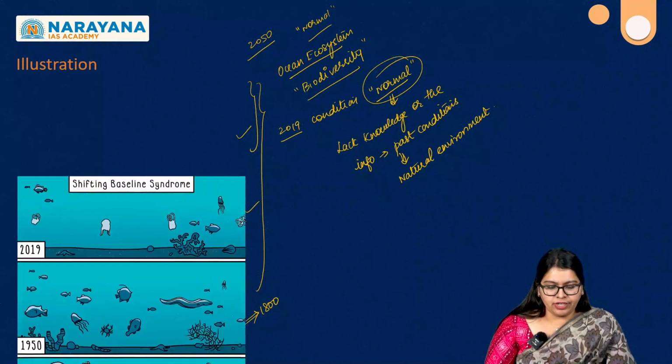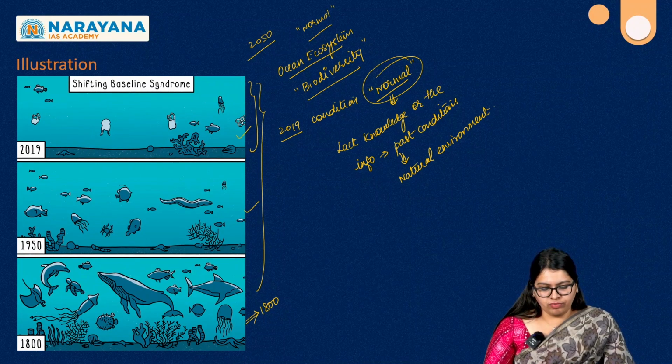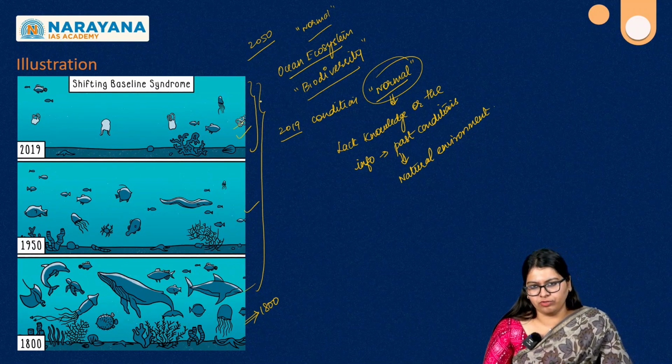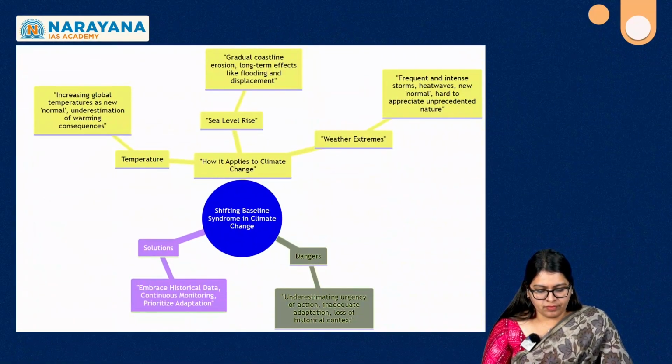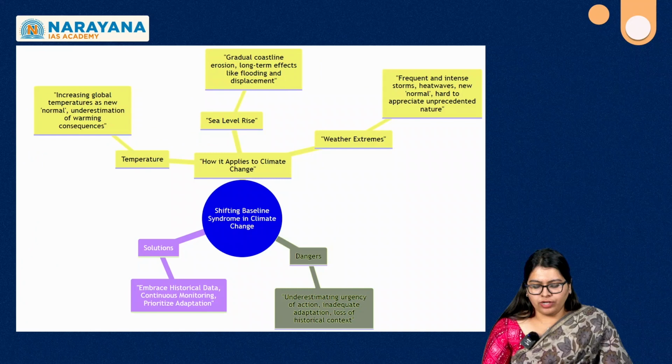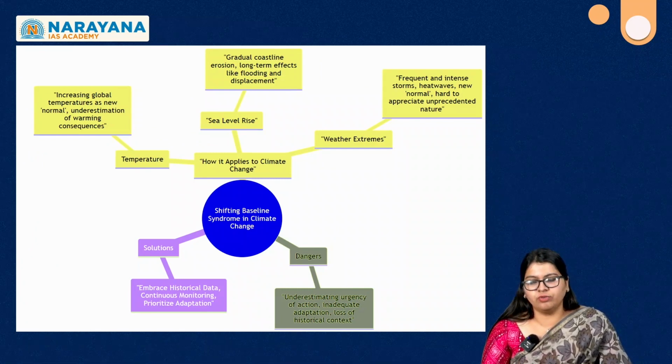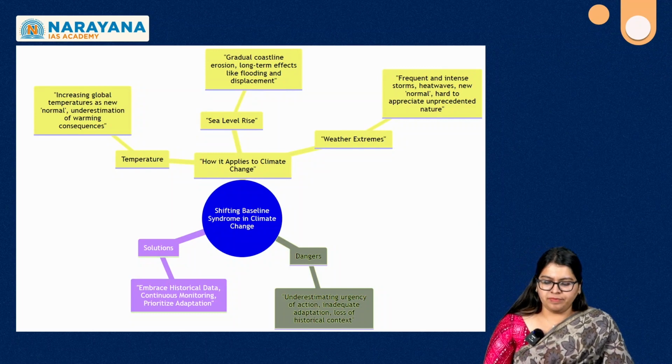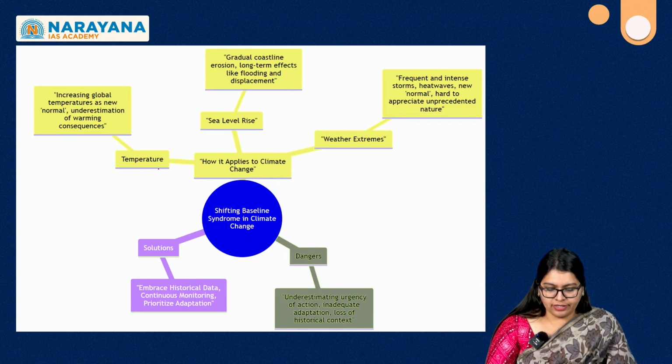So moving forward, we looked at this illustration of shifting baseline syndrome when compared to the 1800s and the present 2019 levels of the ocean ecosystem. And now let us look into how this particular concept applies to climate change. The first thing is let us consider temperature.